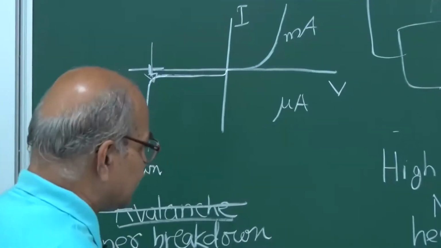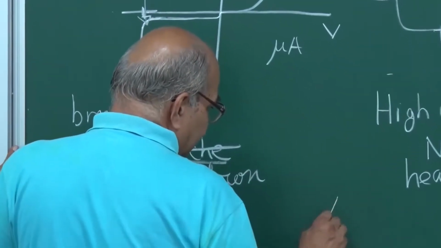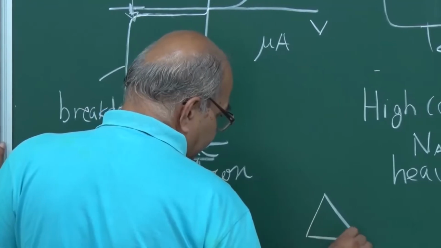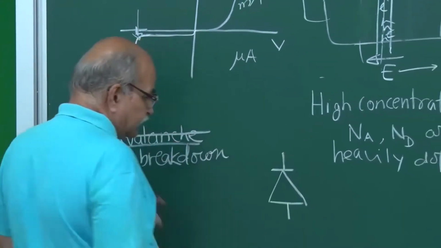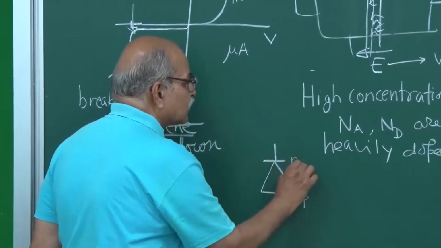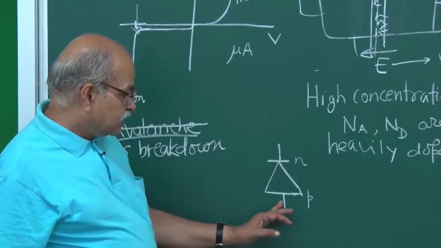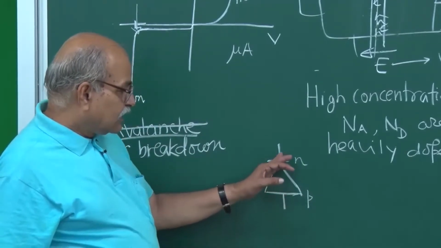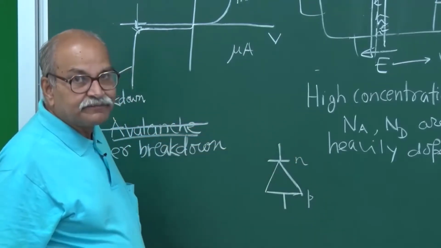There is a separate symbol for that. Our usual diode, when we write, we draw a triangle and then we put a line here. So this denotes your P side, this denotes your N side, and if the current goes in this direction, that is the forward biased current. If the current goes in this direction, that is the reverse bias current.